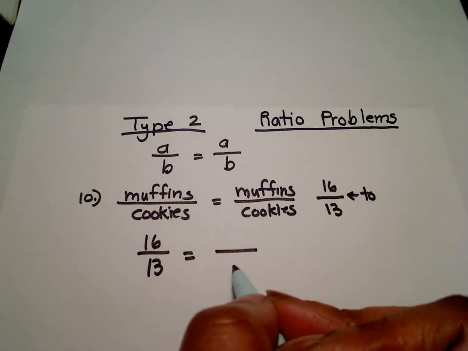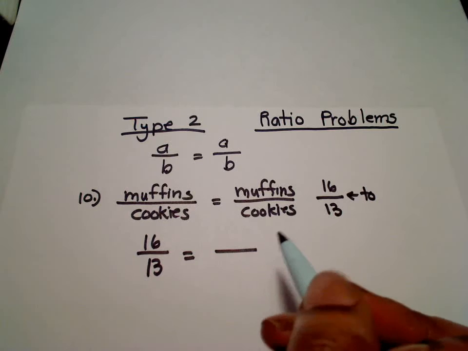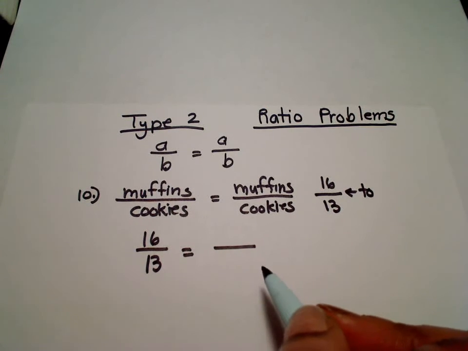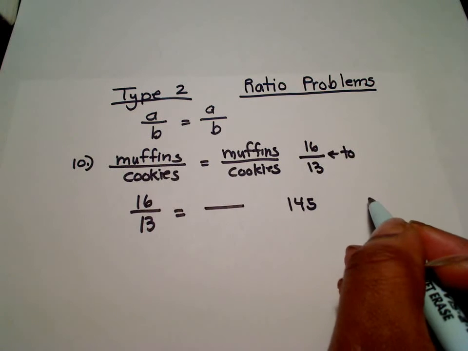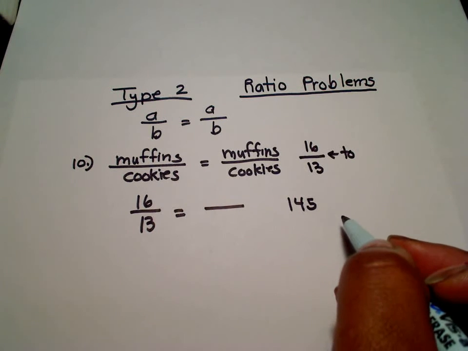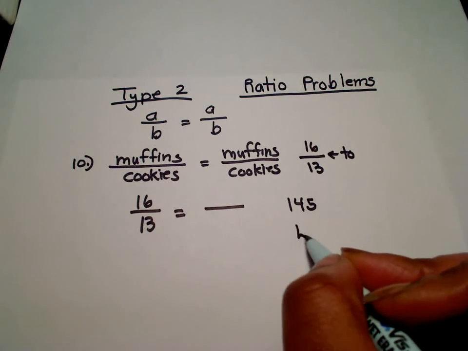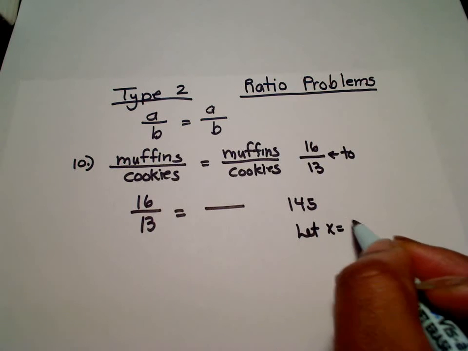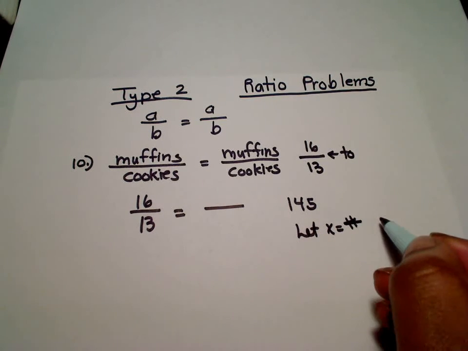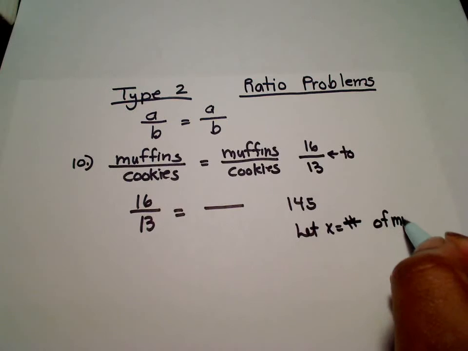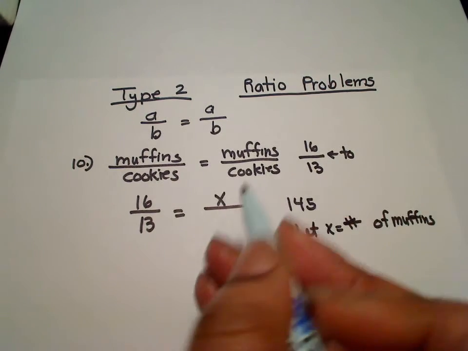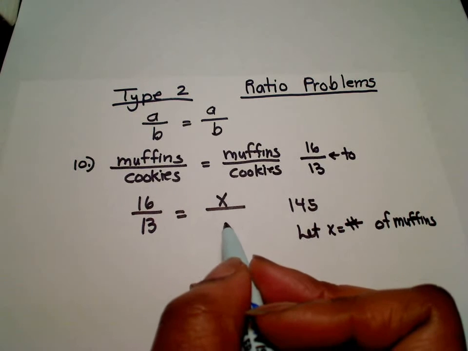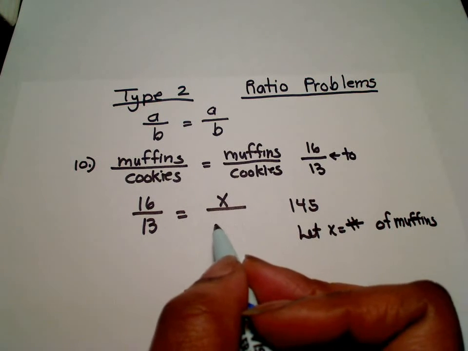If you take a look at that problem, they actually said that there were a total of 145 cookies sold altogether. So why don't we do this? Let's let X equal the number of muffins. Okay? So I'm going to put X here. Now I need to come up with how many cookies were sold.